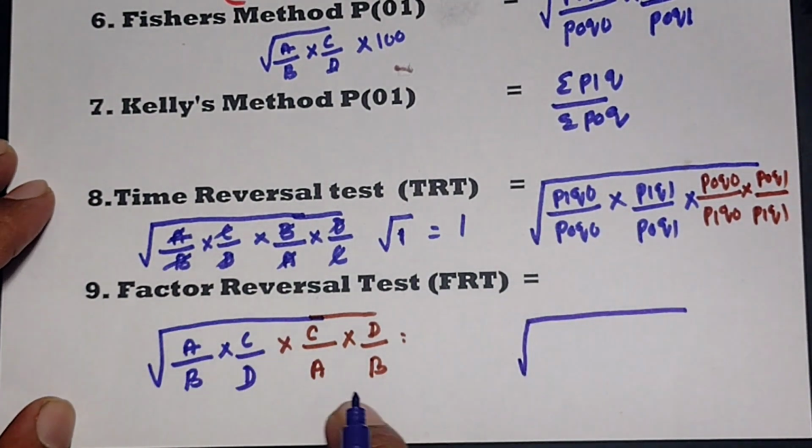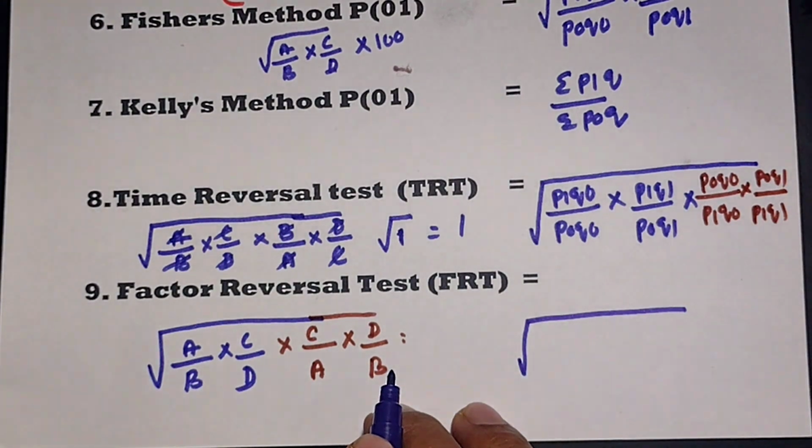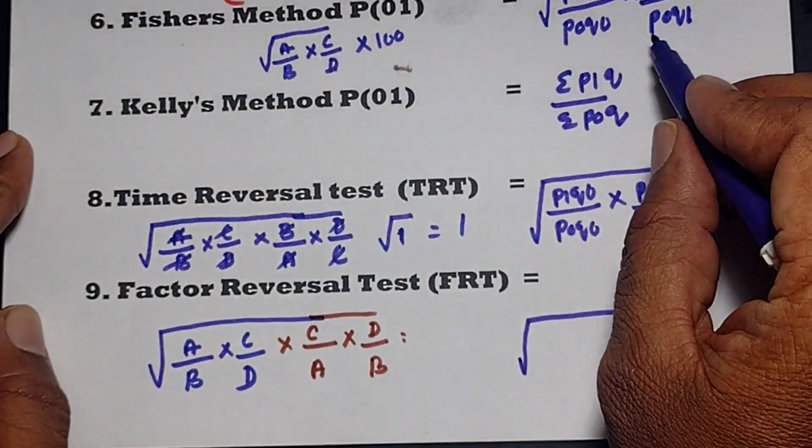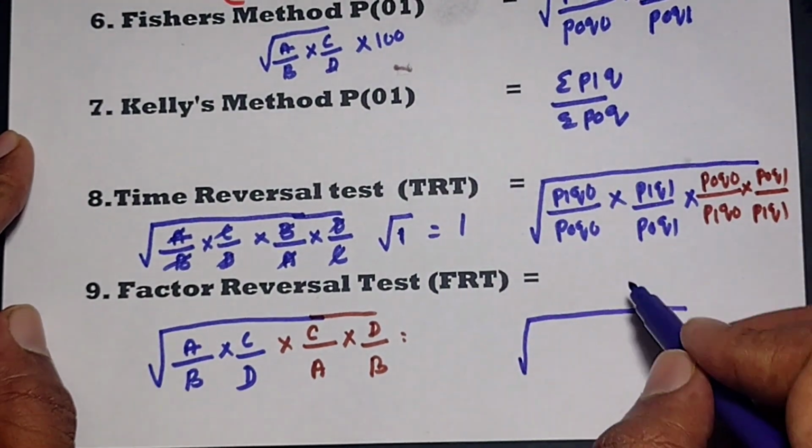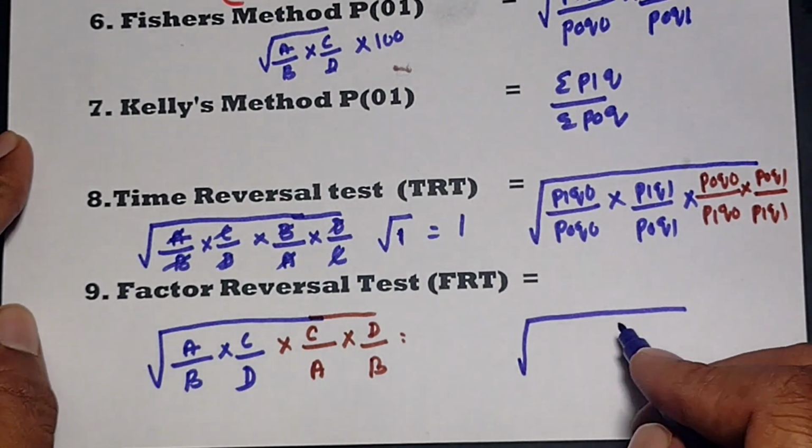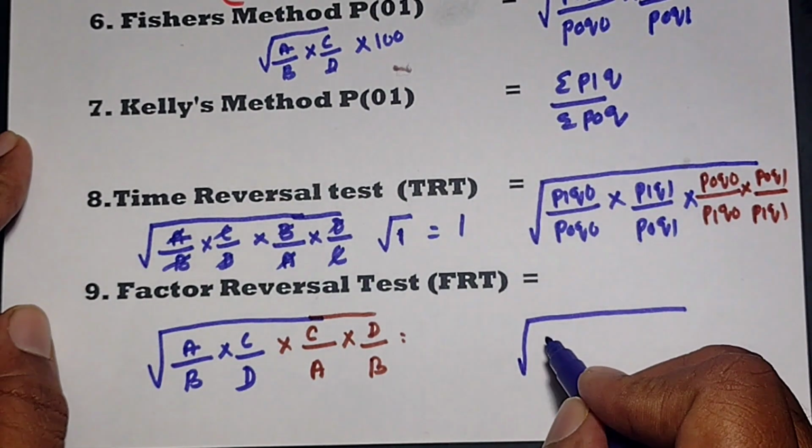A, B, C, D is going to be the same for Fisher's, for time reversal and also for the factor reversal.